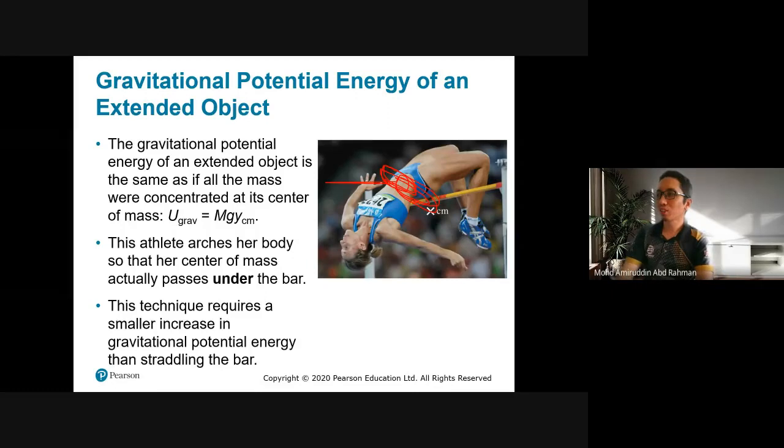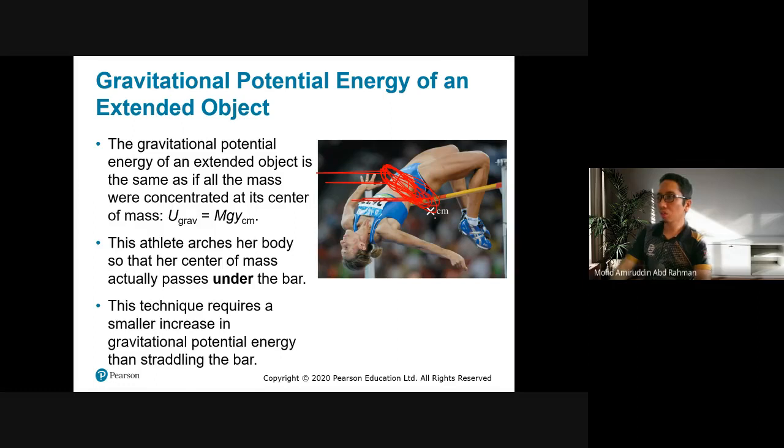All right, so we have this jumper. The center of mass of this jumper is somewhere at the middle of his or her abdomen.